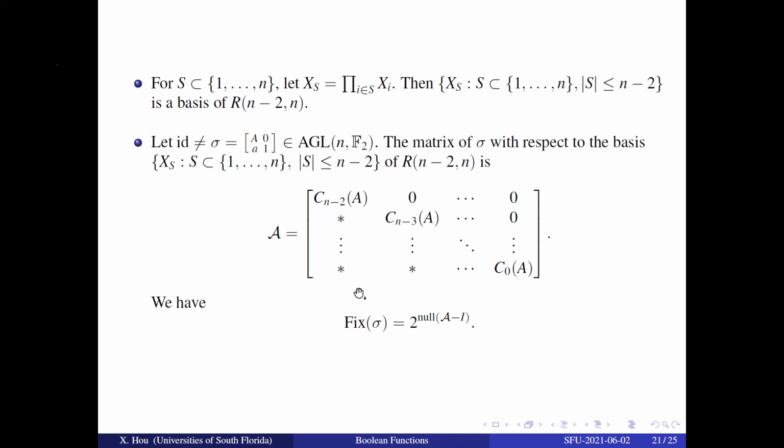You have no control of the things that appear in the lower triangle, but the upper triangular entries are all 0. And we know that the number of fixed points is simply 2 to the power of the nullity of this matrix minus identity. So this nullity is actually the dimension of the eigenspace that belongs to the eigenvalue 1 of this matrix.